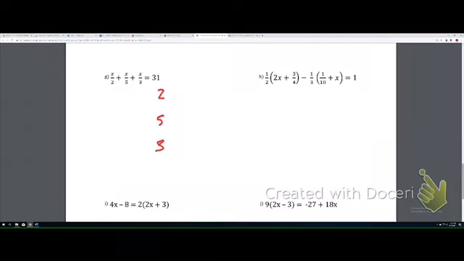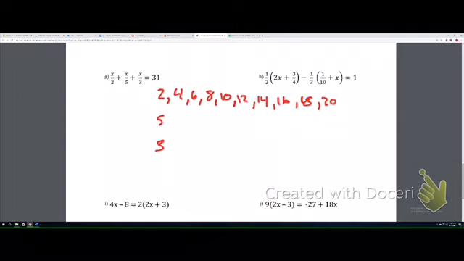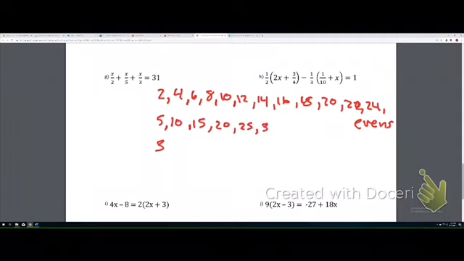For the 2, we're going to go all the multiples of 2: 2, 4, 6, 8, 10, 12, 14, 16, 18, 20, 22, 24, etc. by evens. Then we have our 5s: 5, 10, 15, 20, 25, 30.